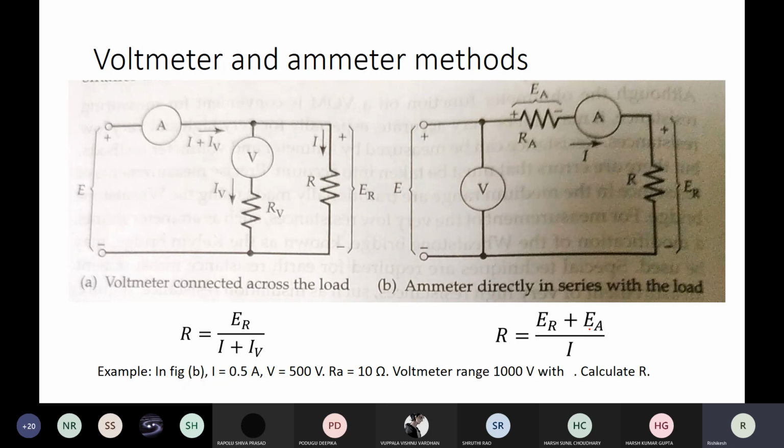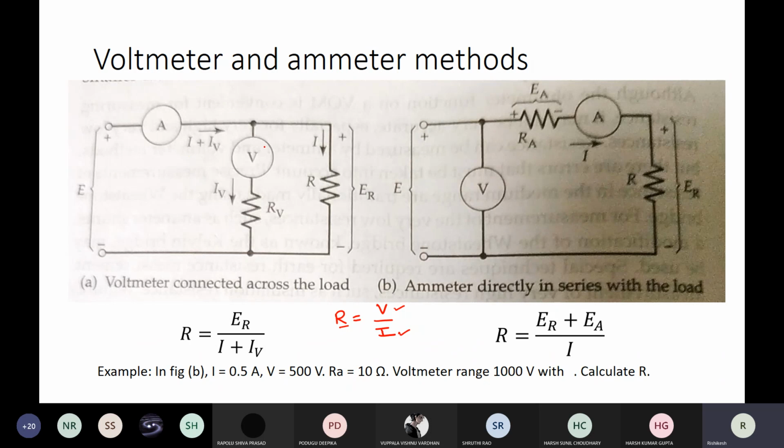One approach, as we have seen, is to use Ohm's law, that R is equal to V by I. If in some way you can measure the voltage across the resistance and the current flowing through it, you will be able to measure the resistance. That is the basic fundamental equation which we can use for resistance measurement. There are two ways of connecting the circuit, with a voltmeter and an ammeter.